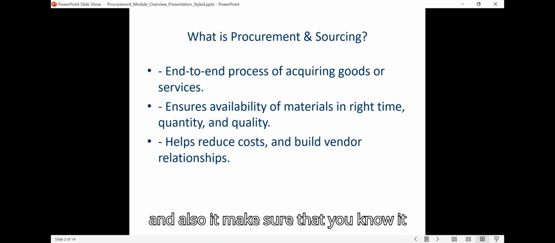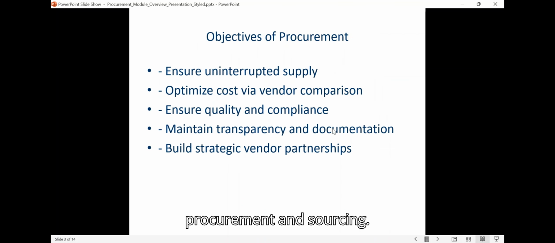It also needs to reduce the cost. You have to build a different pool of vendor relationships, where they could provide the best reduced-cost raw material and all other items to you. So that's the objective of procurement and sourcing.